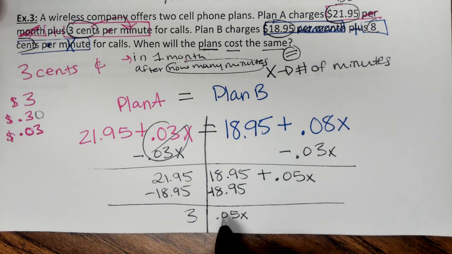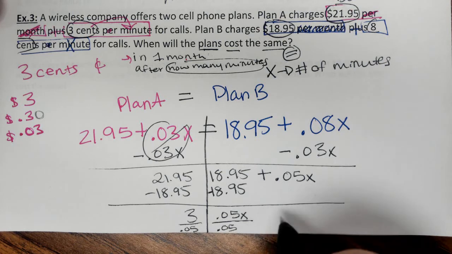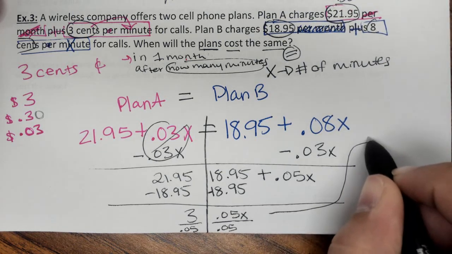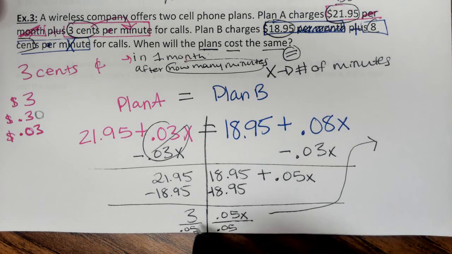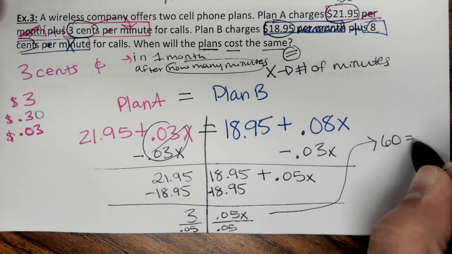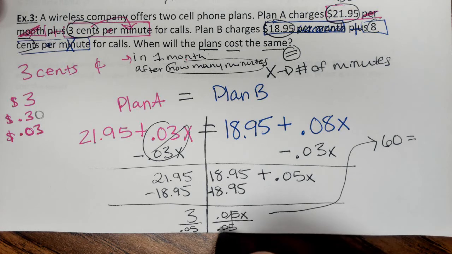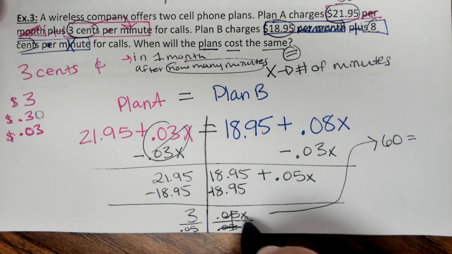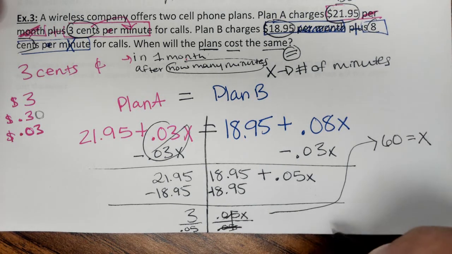To undo the 0.05 in front of the x, you need to divide, because the opposite of multiplying is division. So we do that on both sides. And I'm going to move my work over here. 3 divided by 0.05 is 60. And 0.05 divided by 0.05 is 1 times the x, so 1x.